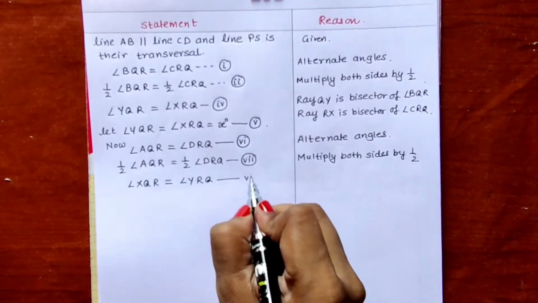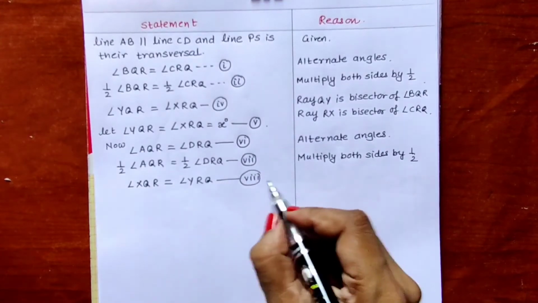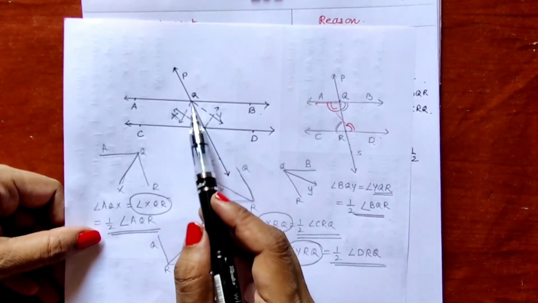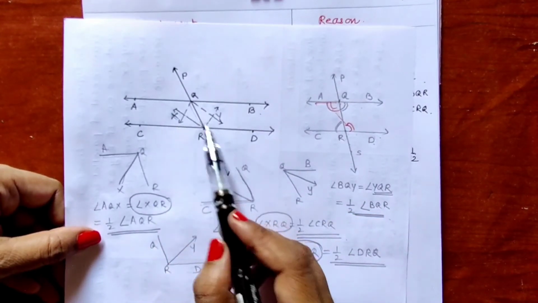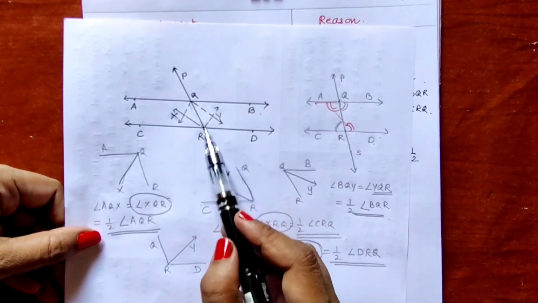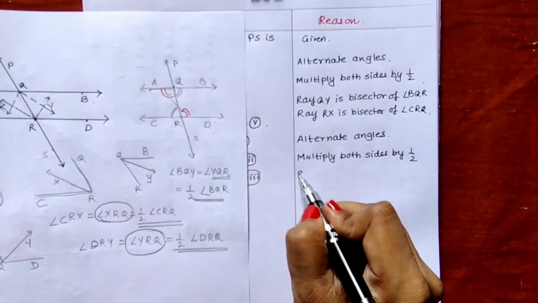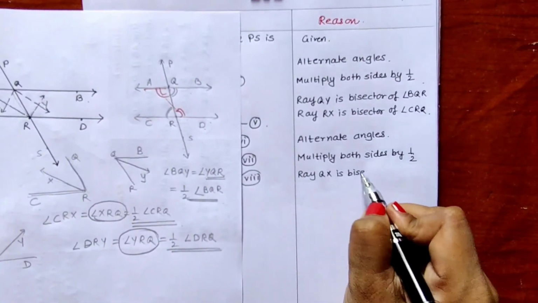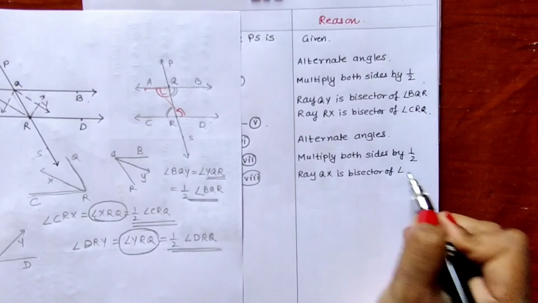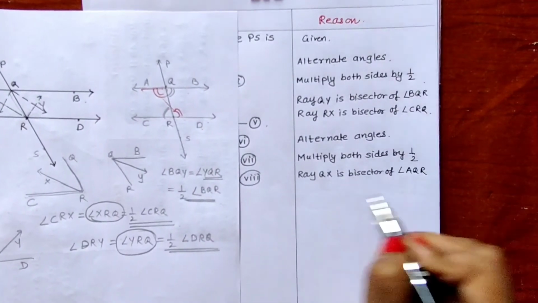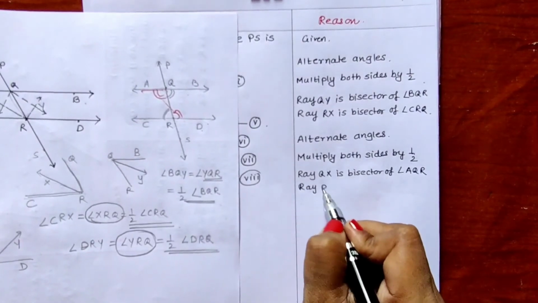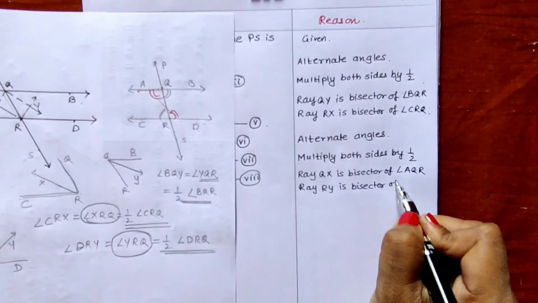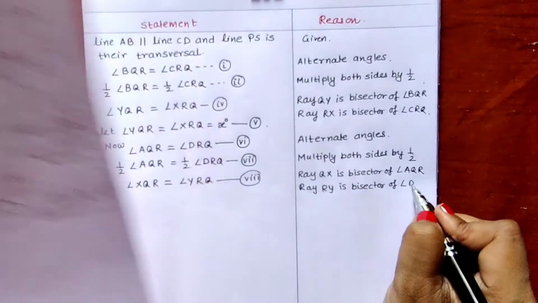The statement number 8. For this statement, we will be writing the names of rays which are bisectors. So angle AQR bisector is ray QX, and for angle DRQ bisector is ray RY. So I will be writing here ray QX is bisector of angle AQR and ray RY is bisector of angle DRQ.